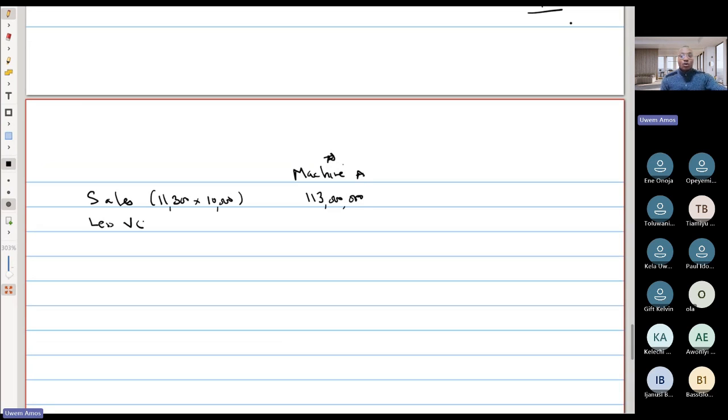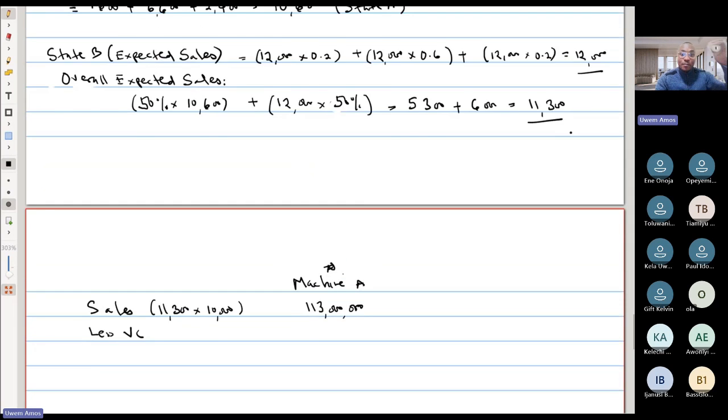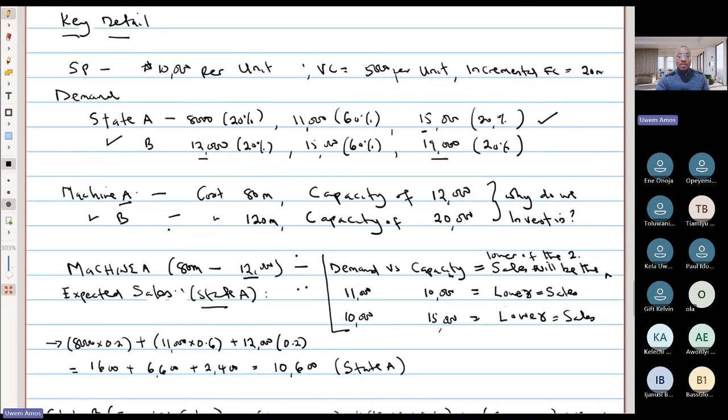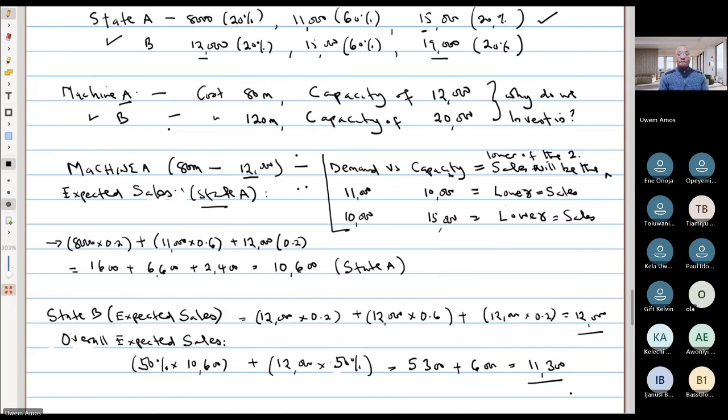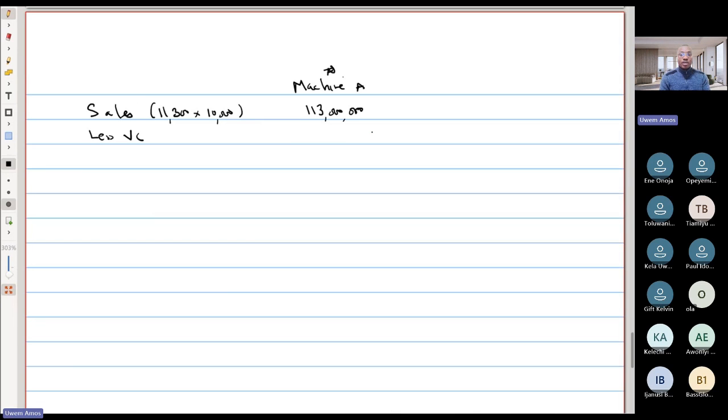We clearly mentioned in our question our variable cost, which we copied and pasted as well, is 5,000 per unit. So our units, 11,300, multiplied by 5,000. That's about half of 113 million, so that's 56,500.